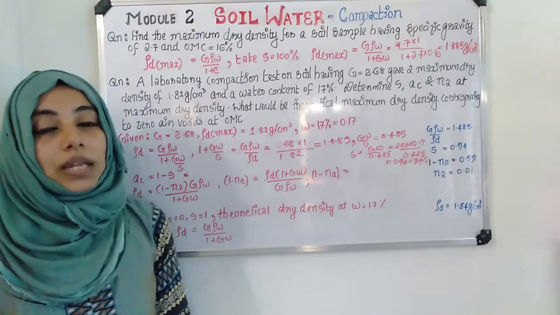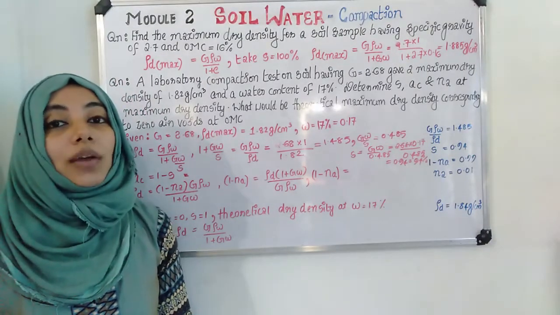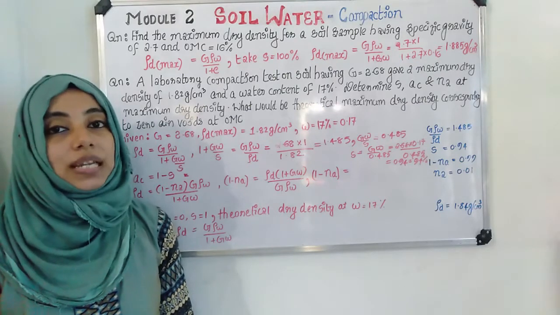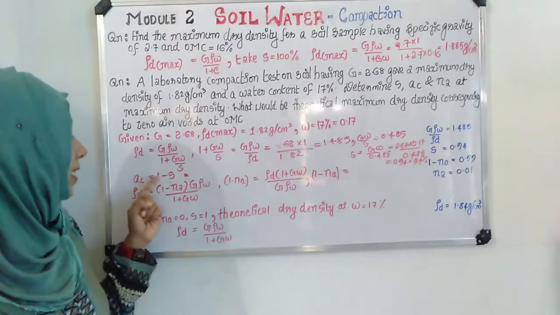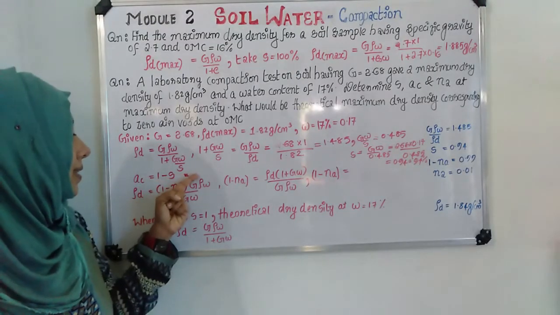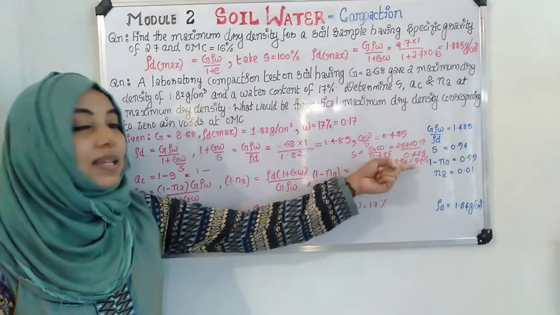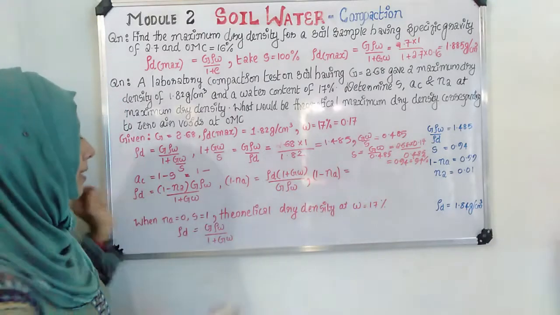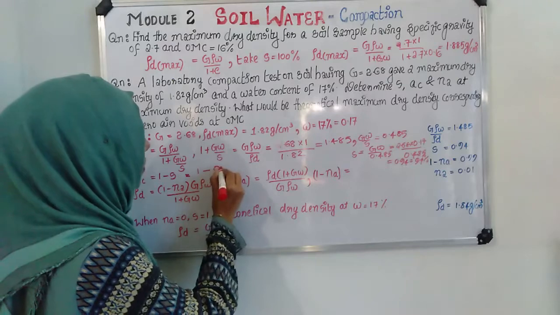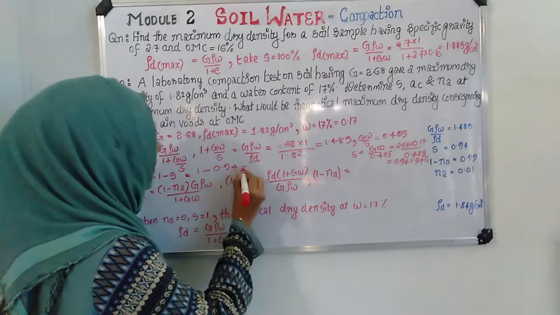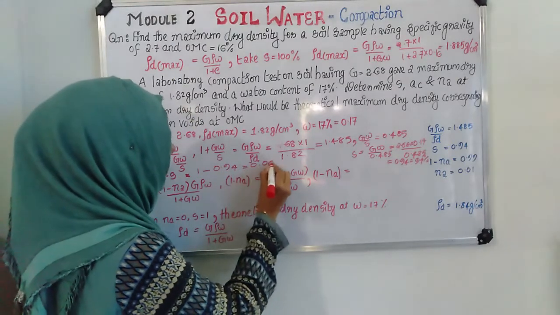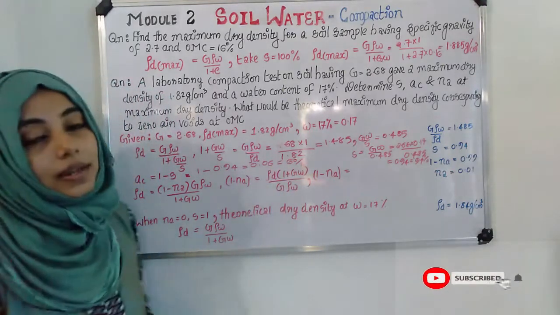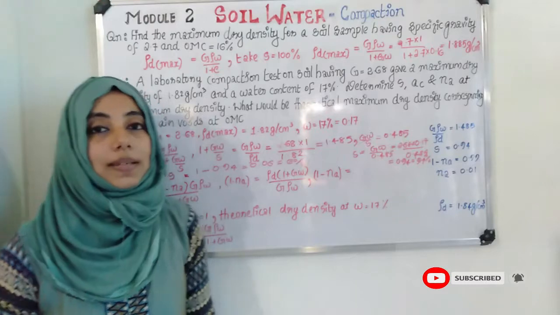Then we have to calculate air content. We have an expression connecting air content and degree of saturation: air content is equal to 1 minus S. Here we have obtained S equal to 94% or 0.94. Substituting, 1 minus 0.94 is equal to 0.06, that is 6%. So air content is equal to 6%.